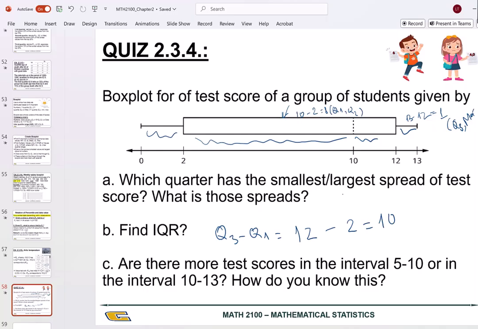So you have about 50% of your data here, and in 5 to 10 you have less than 25%. So the interval 10 to 13 has more test scores, because about 50% of your data falls in this interval. Even though 5 to 10 is a longer range compared to 10 to 13, most test scores are concentrated in the segment 10 to 13.